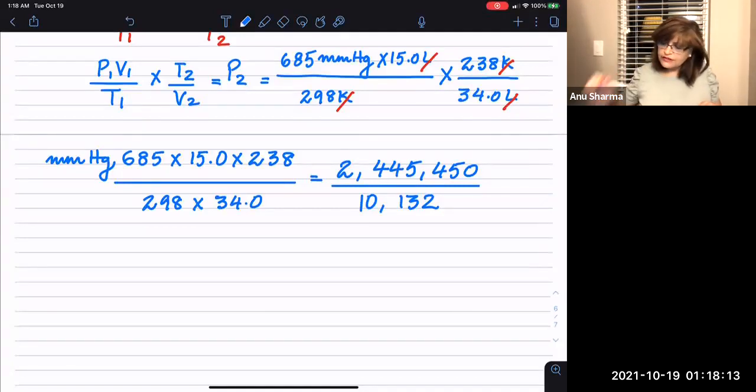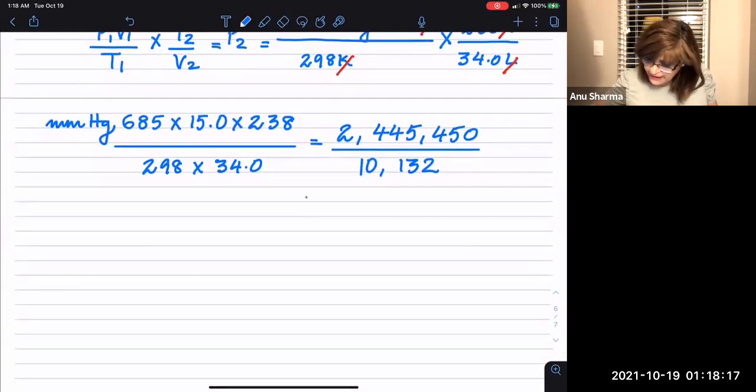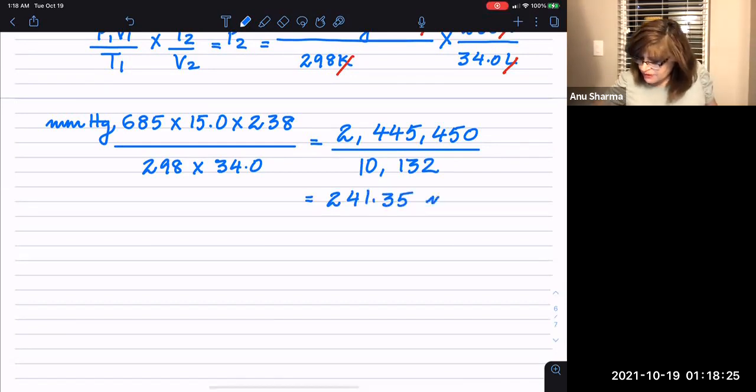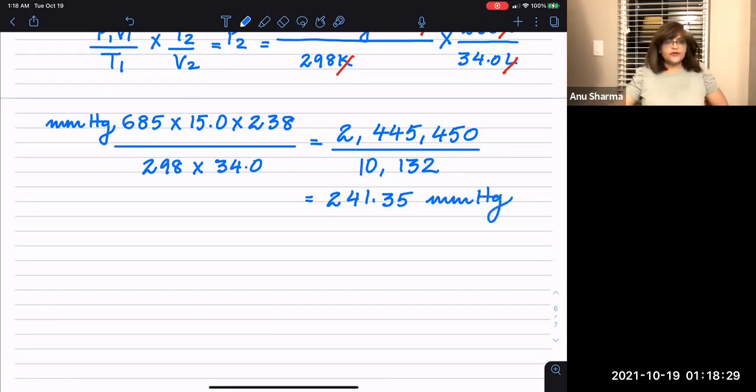When you do these multiplications and divisions, you get big numbers, and when you divide them, you get 241.35 millimeters of mercury. Your book is just giving you 241, which is fine, since they dropped the 0.35. That's equally right too. So that is the answer for P2.